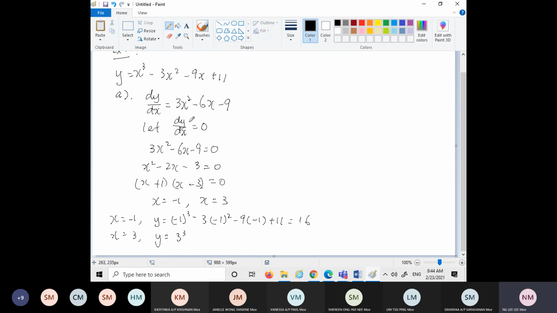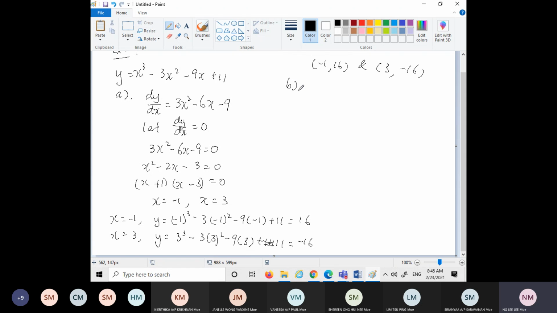Sometimes the students do and then blank, don't know where to substitute. You want to find the y coordinate, you have to substitute back here to find the y. So minus 3 squared minus 9, 3 plus 11. So the answer is negative 16. So the 2 points are negative 1, 16, and the other point is 3, negative 16.